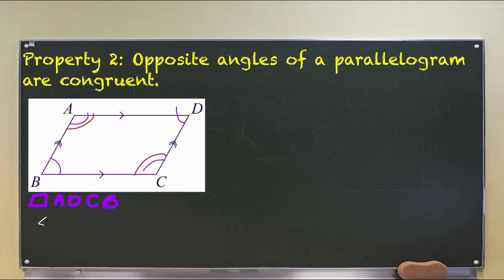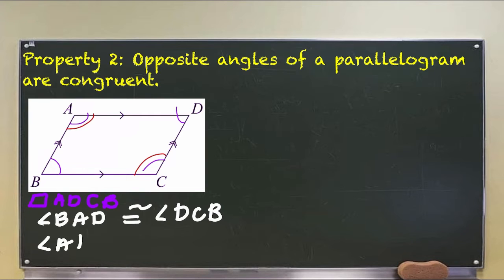Ang angle BAD is congruent to angle DCB. Similarly, ang angle ADC is congruent to angle ABC. Ano ibig sabihin ulit ng congruent? Yes, they have the same measure.